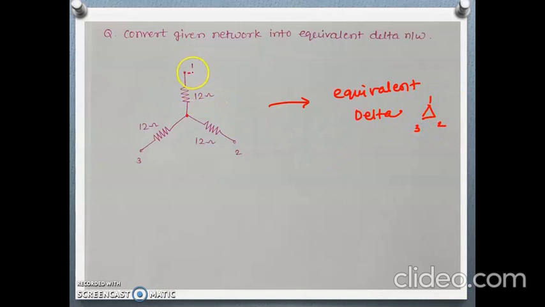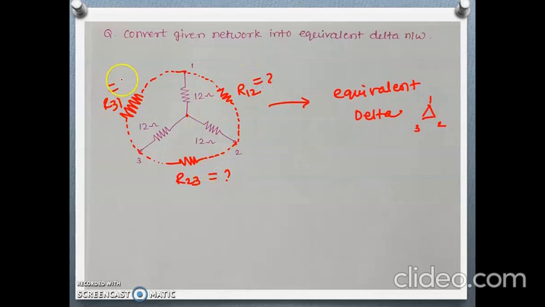So draw the required delta with dotted lines. This will be the required delta. This will be R12 as it is connected to points 1 and 2. This will be R23 and this will be R31. So we have to calculate these three values.